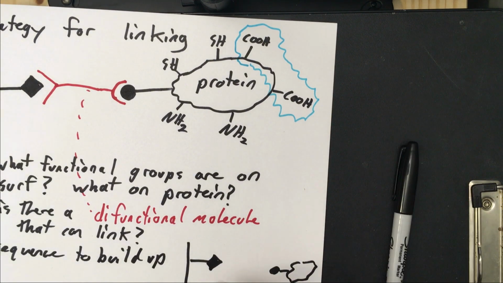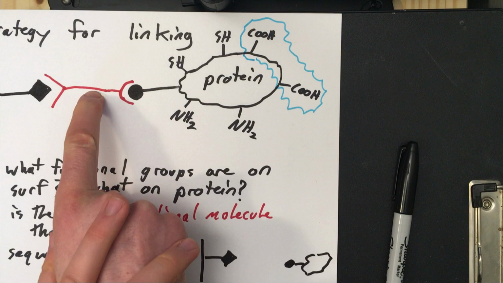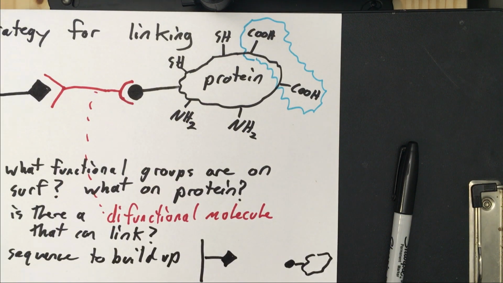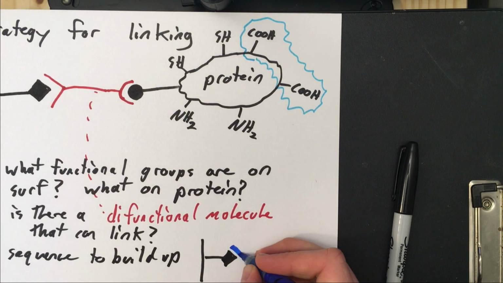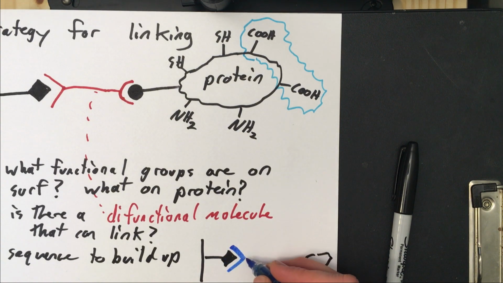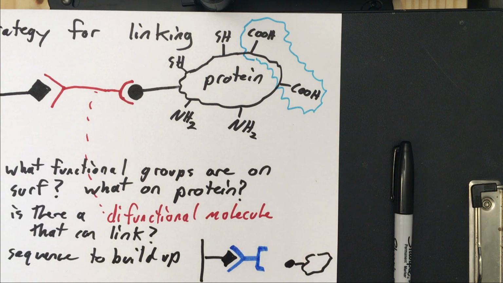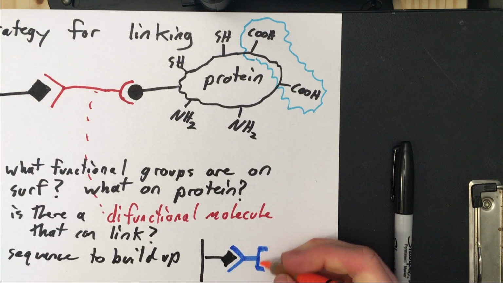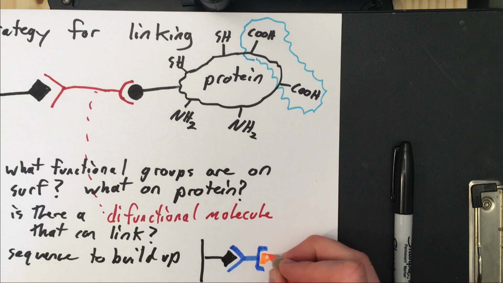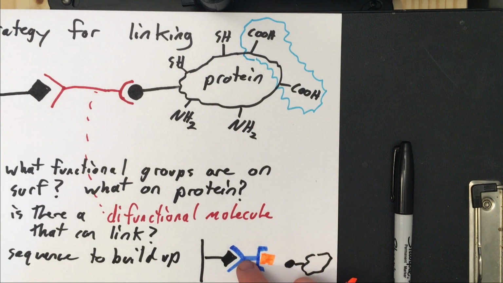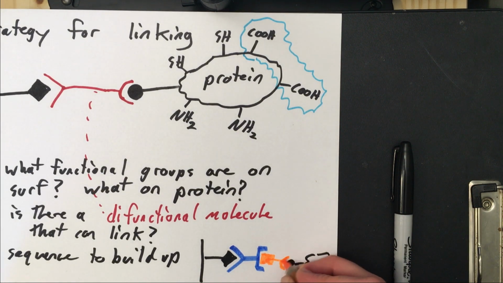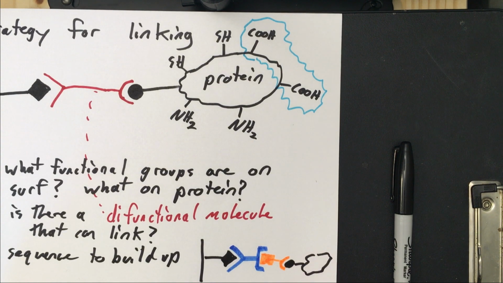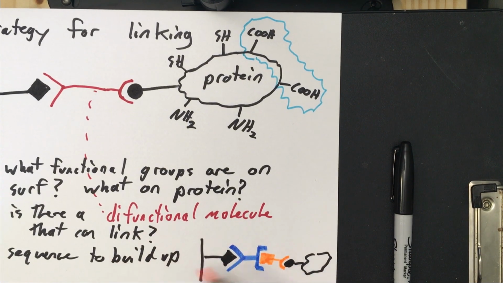Maybe this hypothetical magic red molecule doesn't exist, but there's one molecule that's very sticky to this diamond functional group, and then a separate molecule that has a square that's very sticky to something on this one linker molecule, and then another site that is sticky to the protein, right?